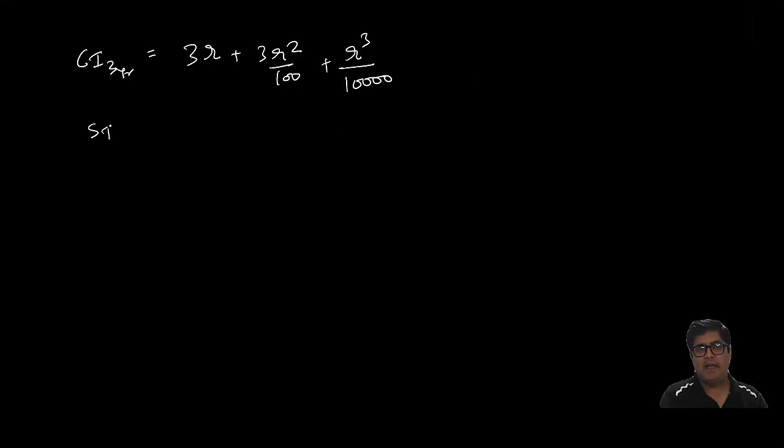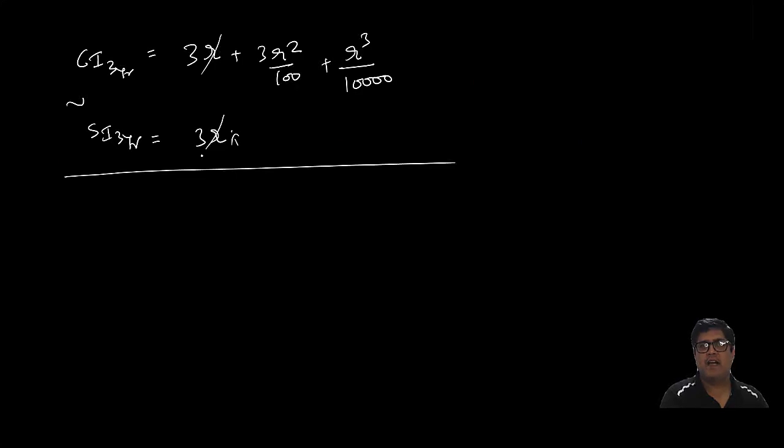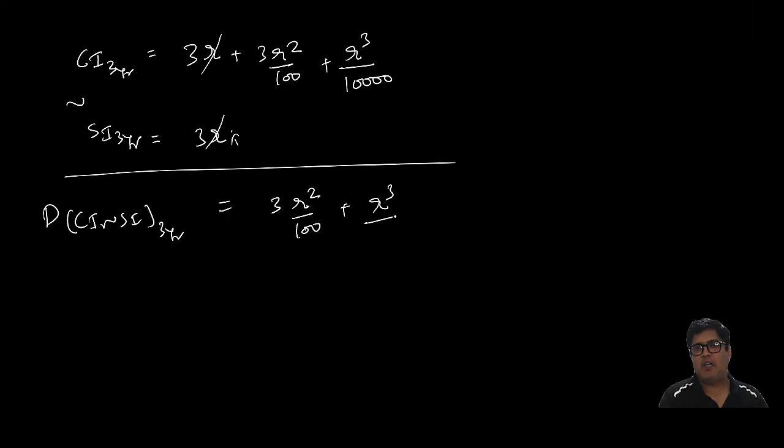What is simple interest for 3 years? Simply 3r. When you subtract both, the 3r will cancel. The difference for 3 years is 3r square upon 100 and r cube upon 10,000 percentage.